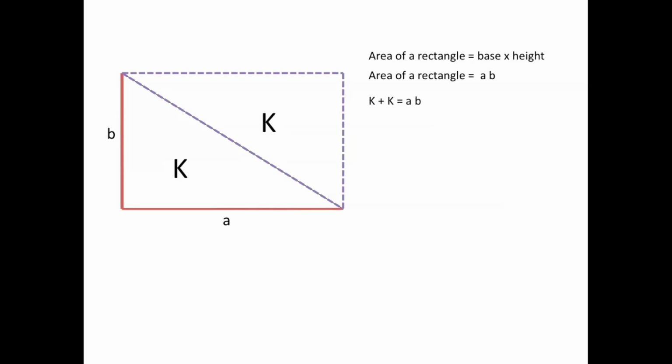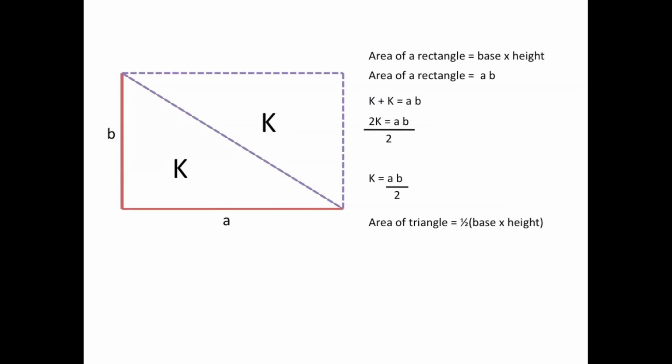So with that in mind, we know that the total area of this rectangle is K plus K, and we already know that the area of the rectangle is also A times B. So K plus K is equal to A times B, which can also be written as 2K is equal to A times B. And we can divide the equation by 2. We get that K is equal to A times B divided by 2, which is what represents the area of our triangle.